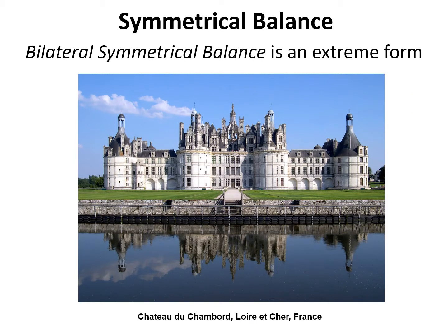Bilateral symmetrical balance is technically when one side and its opposite side are exact mirror images of each other. And at first blush, the Chateau de Chambord appears to be bilateral symmetrical balance. When we look carefully, though, we see that it is slightly different from one side to the other. This wing over here has a different arcade, and the tower structure is a bit more ornamented.